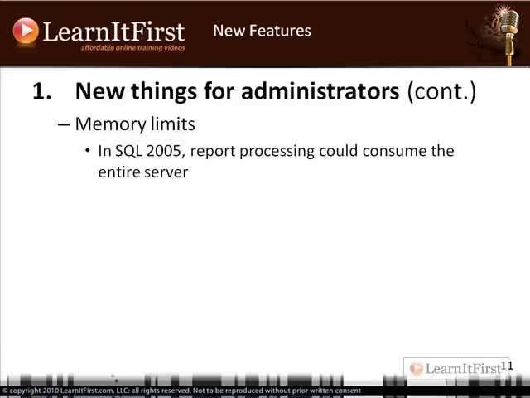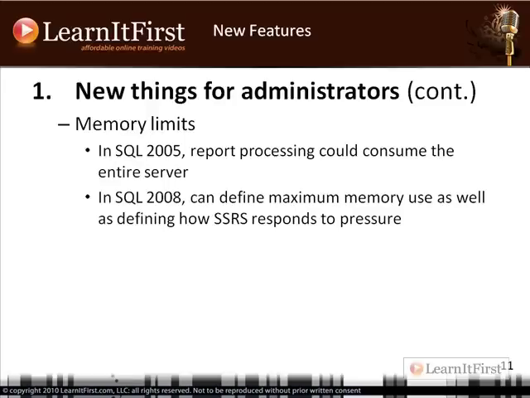In SQL Server 2008, we can now not only define the maximum memory that's going to be used by Reporting Services, we can actually get fairly granular with the different processes. So we can say, I want to only allocate X for this particular thing. We'll get into that when we get into system administration and talk about configuring our Reporting Services.